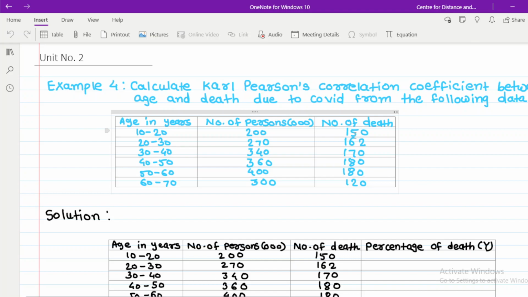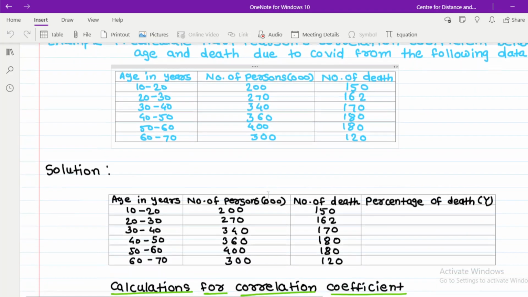Here in the SIM, on page number 82, by printing mistake there is 160. So correct it properly. Here the first number of deaths, 160, is printed by mistake, but here it is 150.